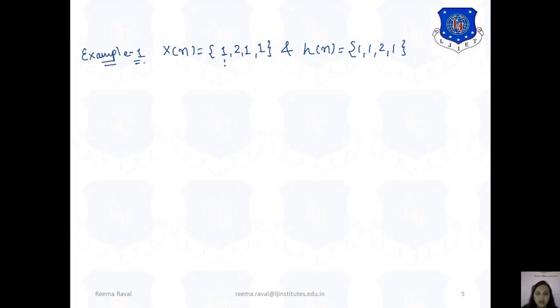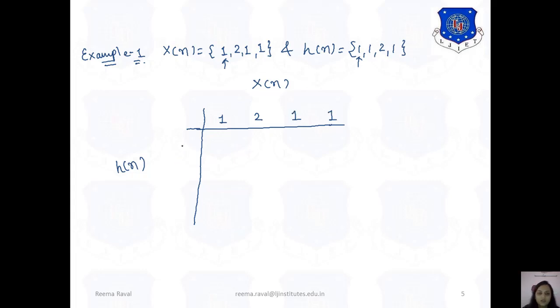Okay, here the arrow is given at the first position. Alright, so now using the tabulation method, we need to make a table like this, in which horizontal values will be x of n and vertical values will be h of n, right? So here we will write 1, 2, 1, 1, and here it will be 1, 1, 2 and 1.